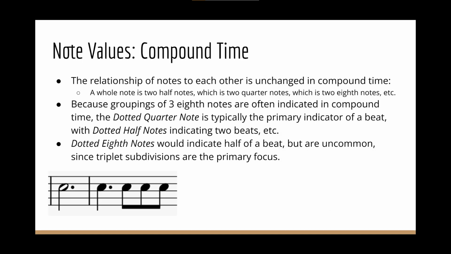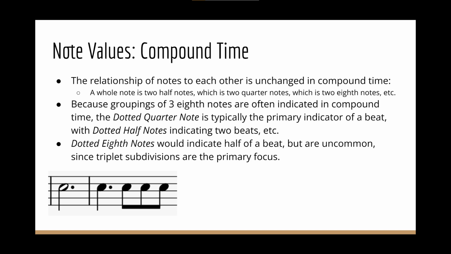In compound time, note values remain unchanged in relation to each other. So a whole note is still 2 half notes, which is still 2 quarter notes, etc. The groupings of 3 eighth notes being the beat will affect how you're going to read the beats though. So if 3 eighth notes is a beat, then 1 dotted quarter note is a beat. 1 dotted half note is 2 beats.